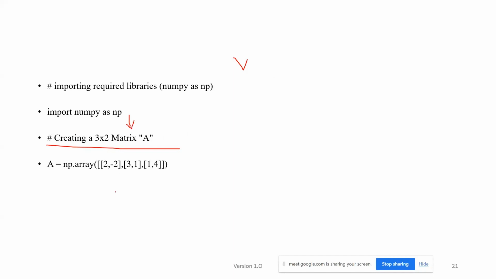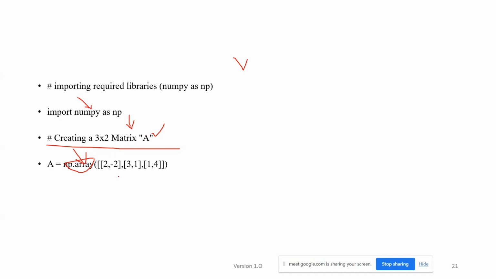As per the definition, a vector is a one-dimensional array and a matrix is a two-dimensional array. So array is the function we use to represent vector as well as matrix. Even though this is a matrix example, we use the np.array function because it is an array.